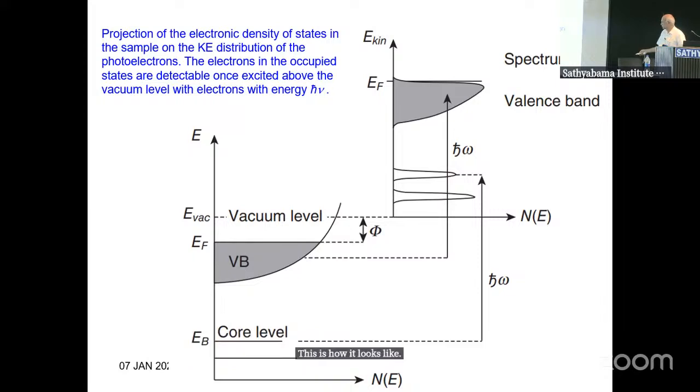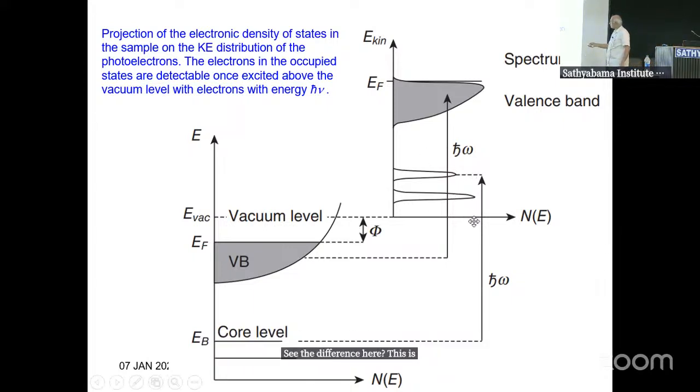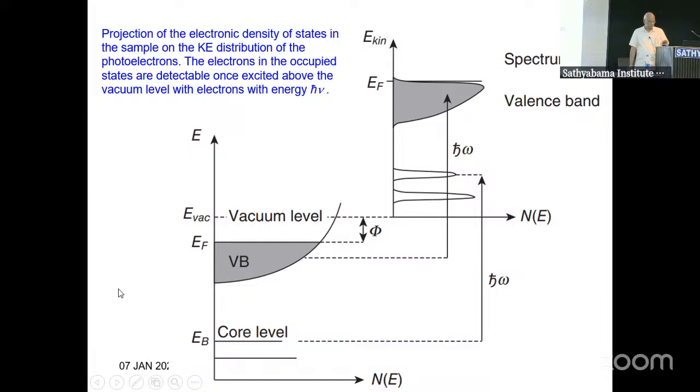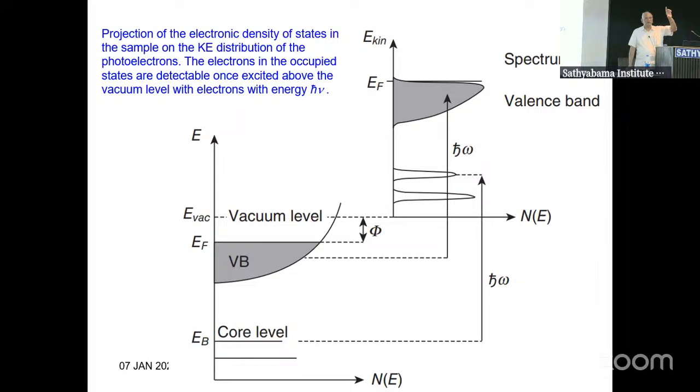Okay, do you see? These 2 levels will give you peaks here. See the difference here. This is fairly well defined, whereas this is broad. Did you notice that? What is the reason for that? Spectral width depends on the resolution of the spectrometer, on the line width of the radiation, and so on.